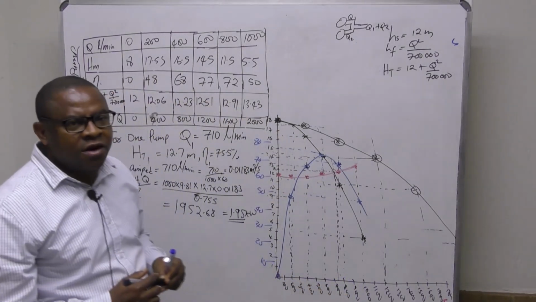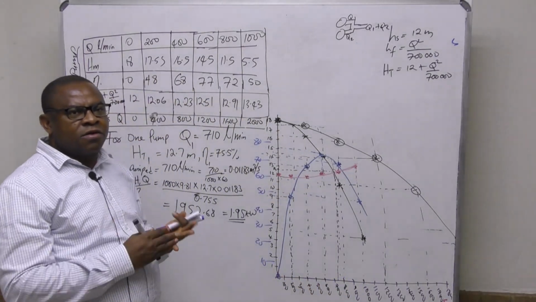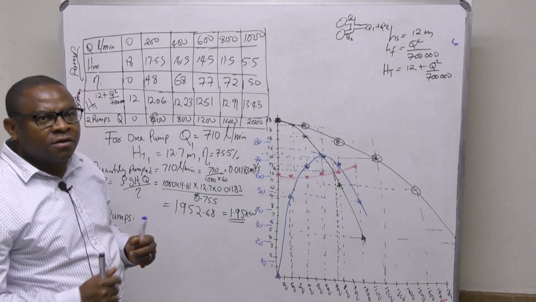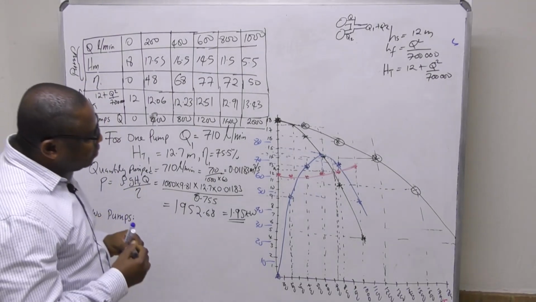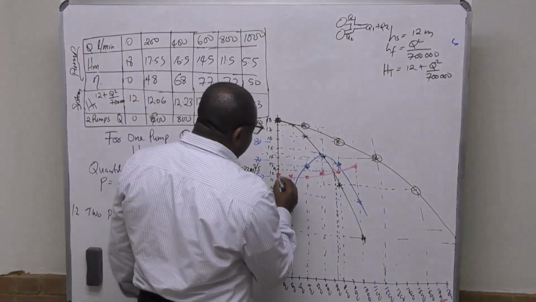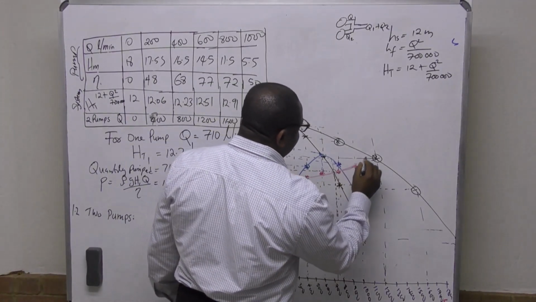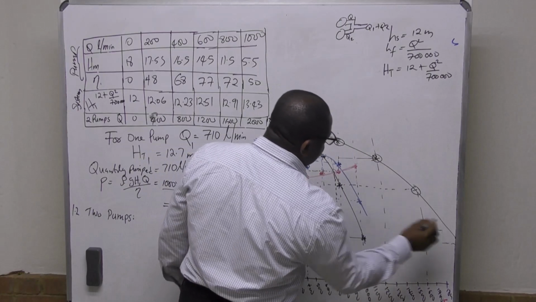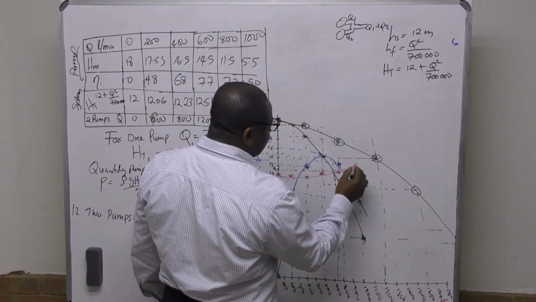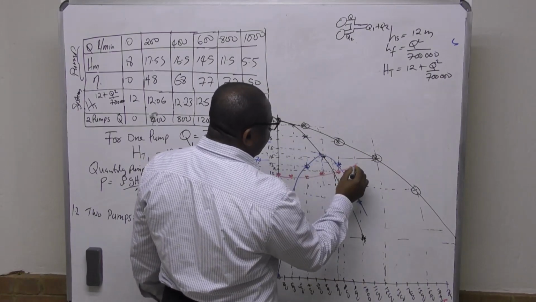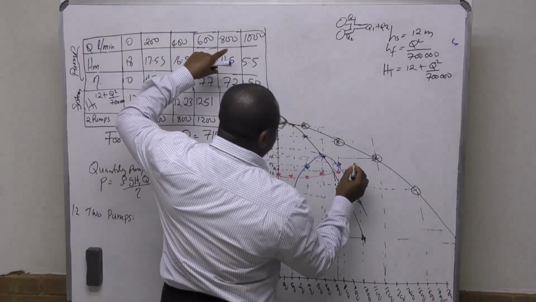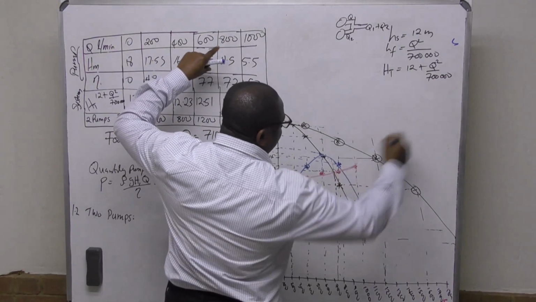So we are going to trace Q, and we trace the H. Q is where the system curve intercepts this. We stopped here for that curve, but this curve is still going.